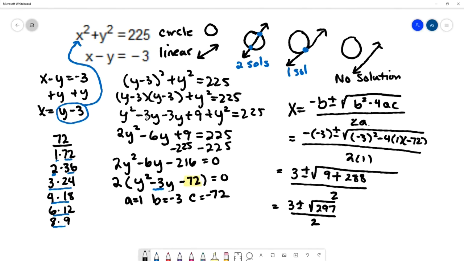Multiplied out. Okay, that looks good. Combine like terms. That looks good. Let me double check. 225 minus 9 is 216. Divide that by 2. Okay, so here is where my mistake was. 216 divided by 2 is not 72. I'm not sure where I got that number from.